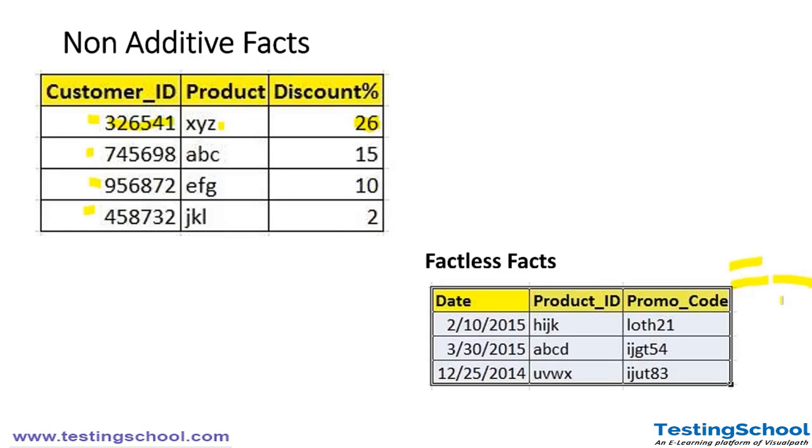Now, as you can see in the example here, there is a promotional code for each product for a particular date. Here, all the dimensions are there and they would still make sense individually from the end user's point of view to build it as a fact table, bringing the product for a particular date with the right promo code assigned to it, right? That's the factless fact.